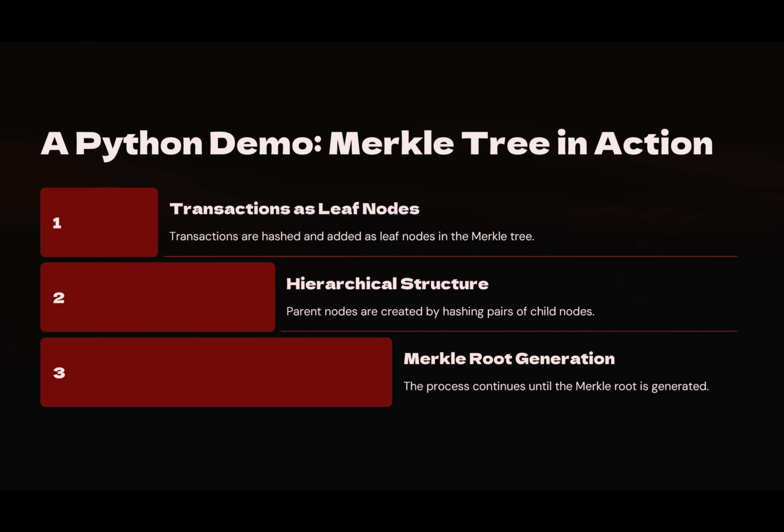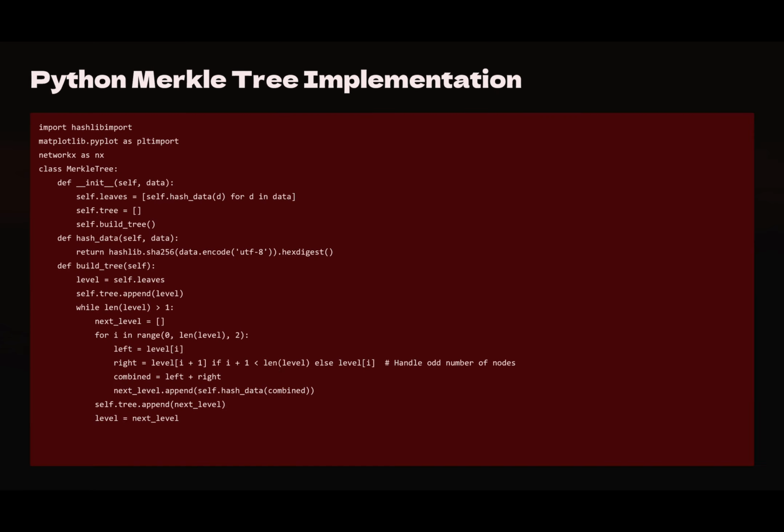The next part is my Python demo. I follow several patterns. One is transaction as leaf node, the second is the hierarchical structure, and the third is that the Merkle root should be generated. This code demonstrates how to implement the Merkle tree in Python.